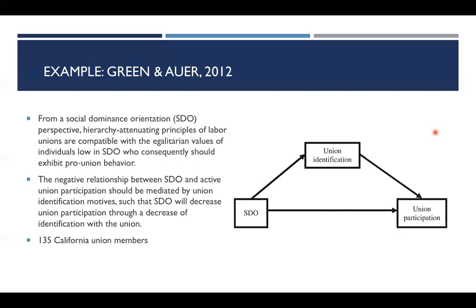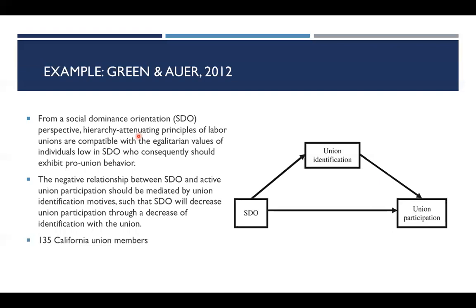So the expectation was that people who are higher in social dominance orientation would be less likely to participate in unions, because the idea is that unions are hierarchy attenuating, trying to reduce the power differential between management and the workers. So someone who's high in social dominance orientation would not be in support of that because they want the management to have the most power.